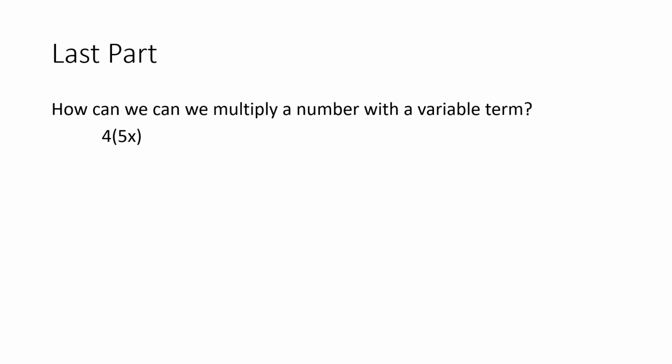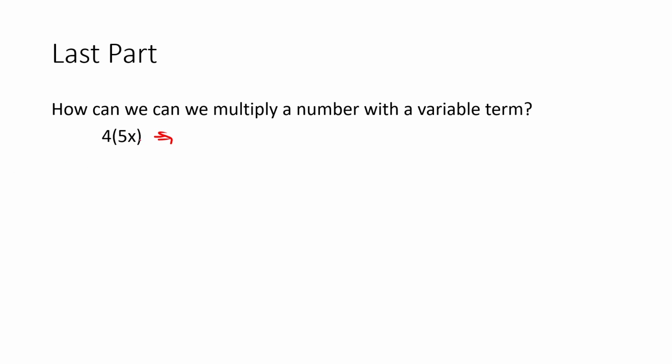Any questions? Now here's the last part. This one's supposed to be for the distributive property, but I kind of forgot about it. So let's talk about multiplying a number with a variable term, okay? So here we have a number 4, and we're multiplying that with 5x. So before that, let me ask you, what is the operation of the parentheses again?